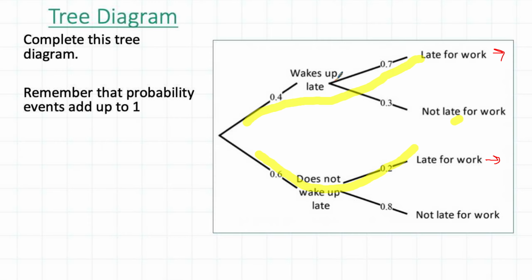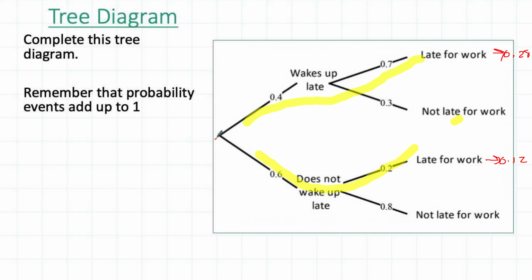So I'll calculate the probability of waking up late and being late to work, which is 0.28. And then I'll calculate the probability of not waking up late but still being late to work. So that would be 0.12. And then, so being late to work, it could happen for two possible options, either the first one or the second one.